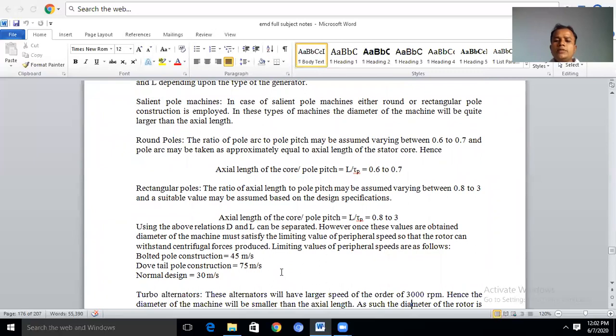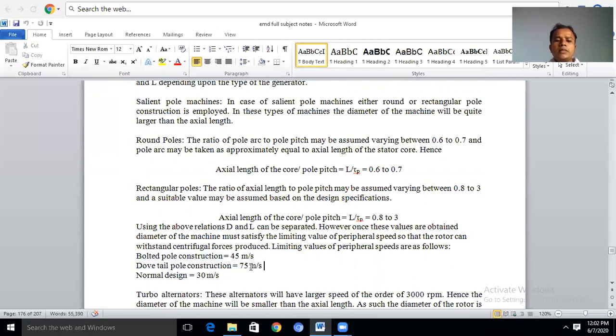However, once these values are obtained, the diameter of the machine must satisfy the limiting value of peripheral speed so that the rotor can withstand the centrifugal forces produced. Limiting values of peripheral speeds are as follows. One is bolted pole construction, where the peripheral speed will be 45 meter per second.